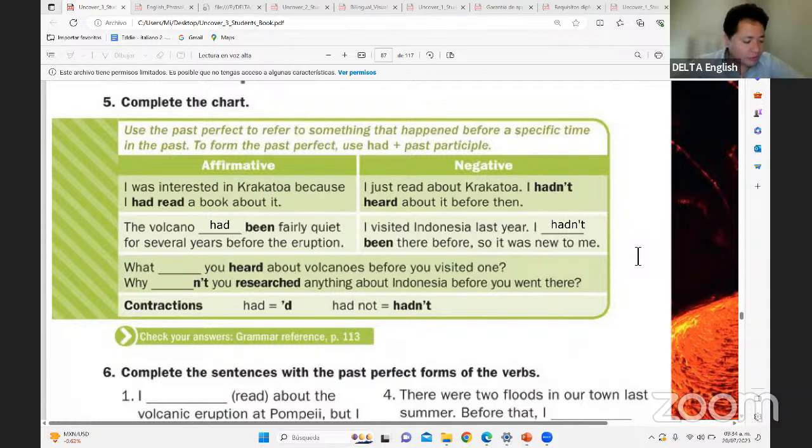Now, what we're going to do next is to learn how to use narrative tenses, right? So now you know all the possible tenses to talk about the past. You know the simple past, the past continuous, the past perfect, and the present perfect.